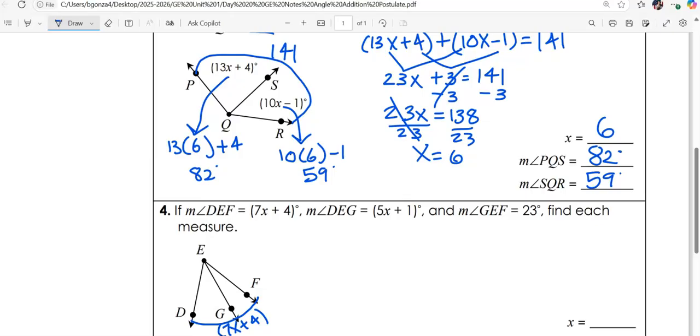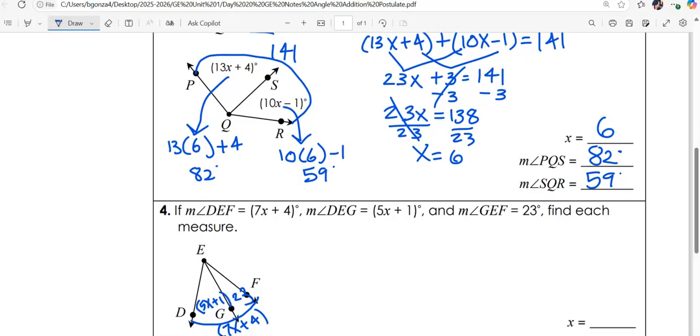Okay, and then it says DEG, 5x plus 1. DEG is the left part. And then it says GEF, G to E to F, is 23.